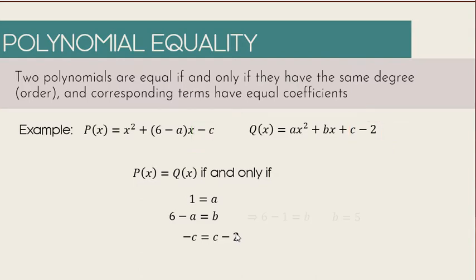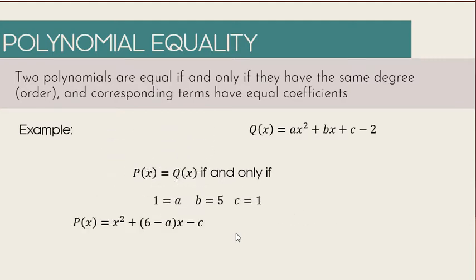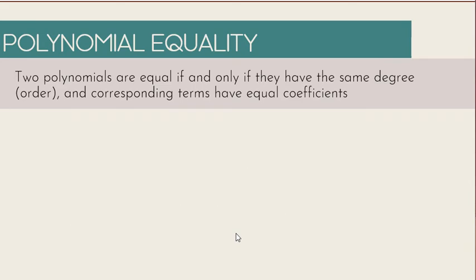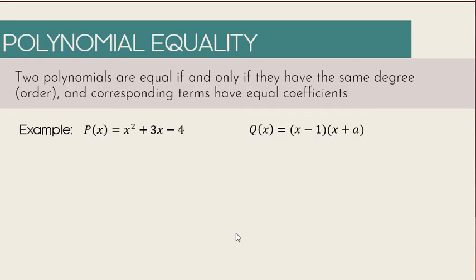Okay, let's consider another example here. The two polynomials which don't have the standard form. Here we have p(x) is x squared plus 3x minus 4, and q(x) is equal to (x minus 1) times (x plus a).